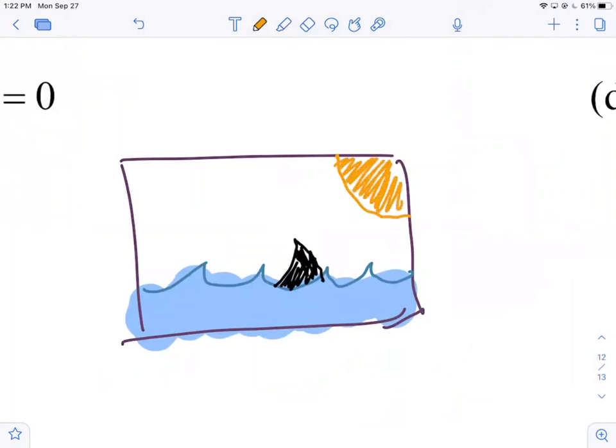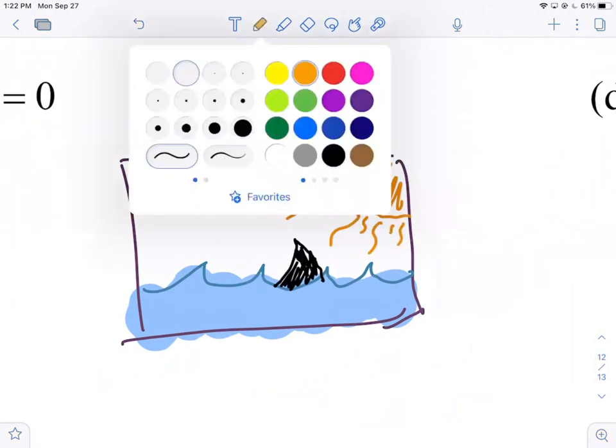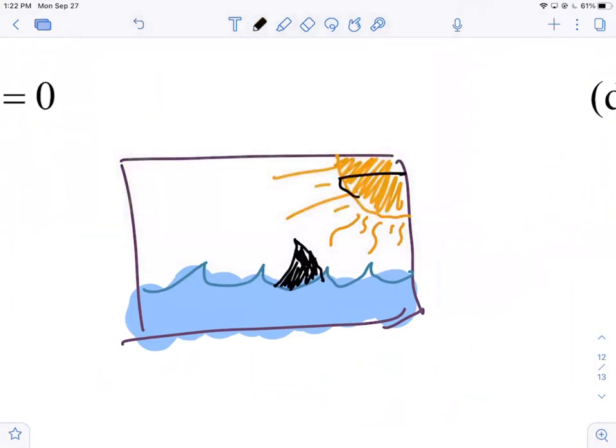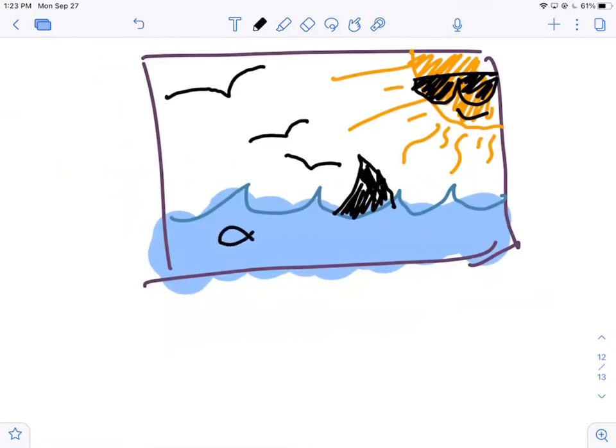You had the sun, and then the rays could be long, short, or squiggly, whatever. And I remember this, I did this too. The sun always wore sunglasses, remember? Because man, it's bright on the sun. But no seascape was complete without the final touch, right? The birds. There's your seascape. I guess the sun was smiling too. And then maybe you drew a little fish in here.